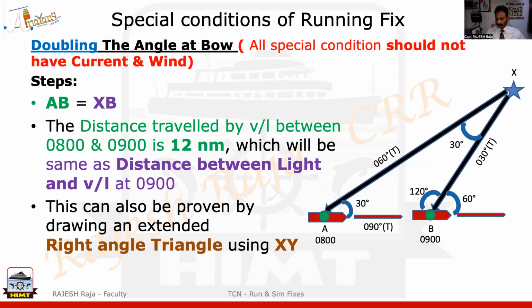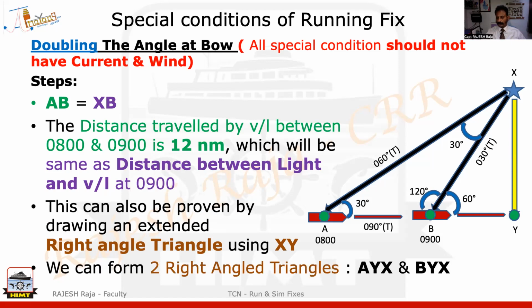I will extend it and I can complete this as a right angle triangle by giving one more point called Yankee. So you can see X-ray Yankee, I have extended and formed triangles. And now you can form two right angle triangles, which are your AYX and BYX. You can solve this way also and you can get the answer.